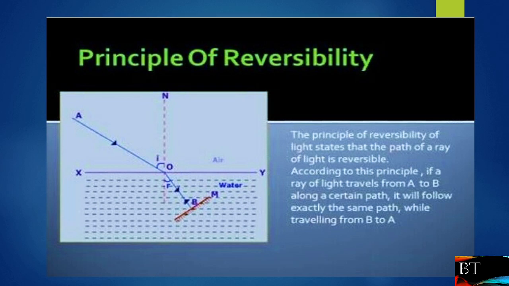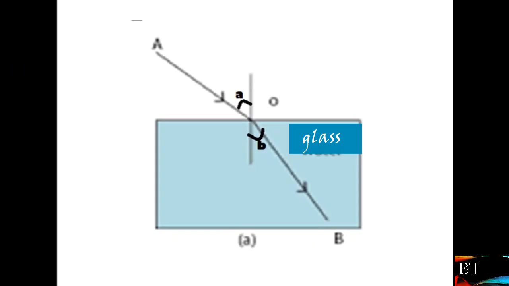Principle of reversibility of path of light. According to this principle, the path of a light ray is reversible. For example, if a light ray passes from water to glass with an angle of incidence A, it is refracted with an angle of refraction B in glass.